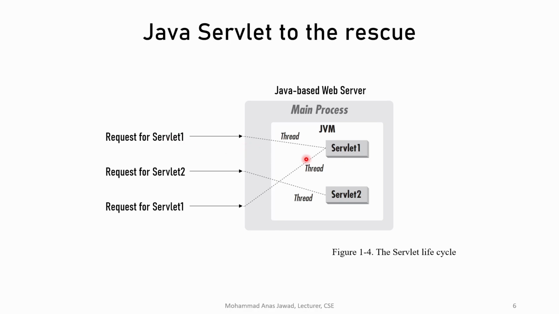All right, so this is different from our CGI-based web server, where each new request spawned a new process on its own. In this way, since we are simply multi-threading here, we are not wasting any additional resources for handling our incoming new requests. All right.